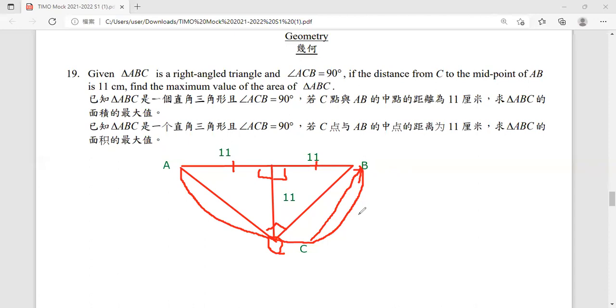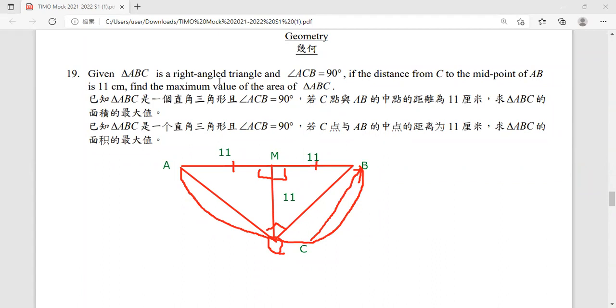Okay, now because it's a semicircle, I call this point M. MA, MB, and MC, all these three lines are the radius of the semicircle. All of these three lines are the radius of the semicircle, so they are the same.